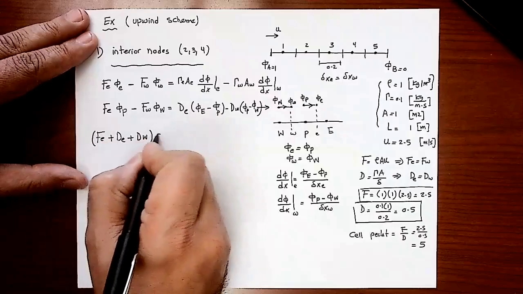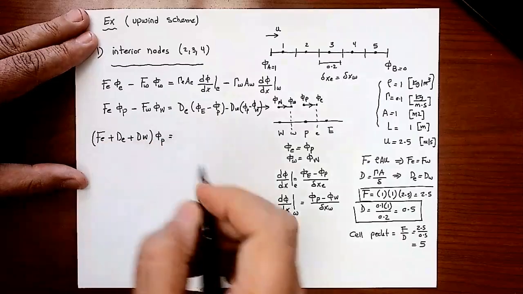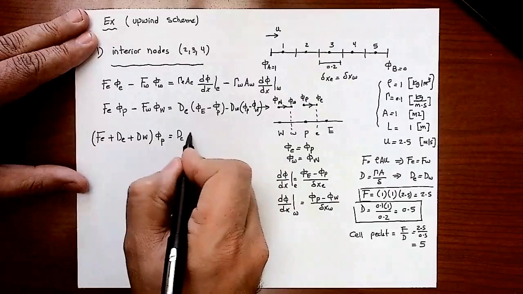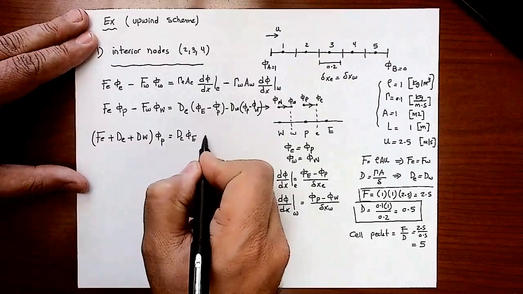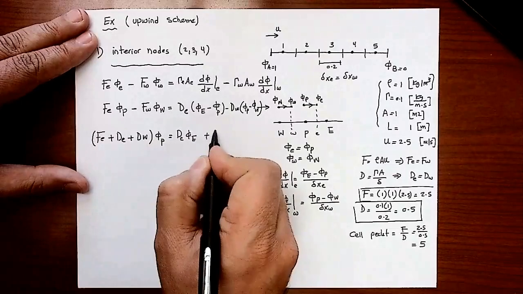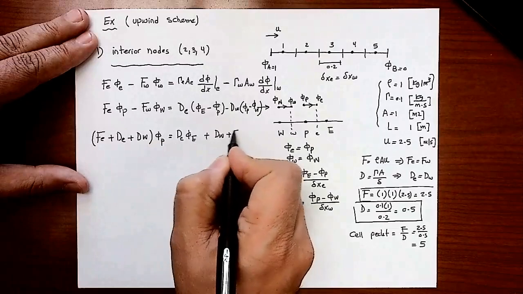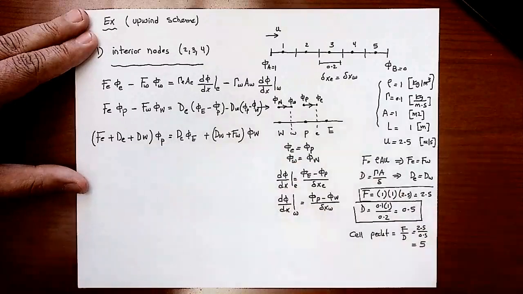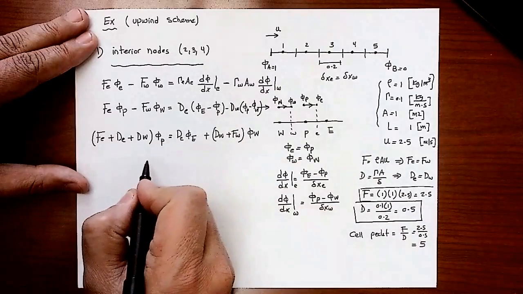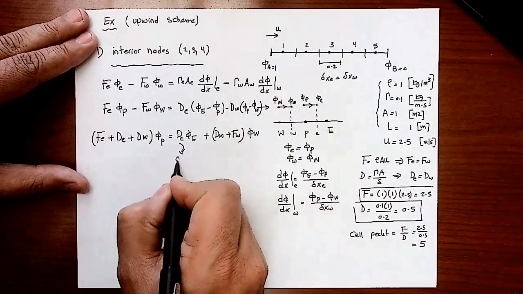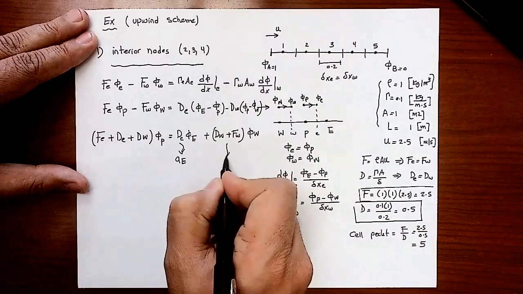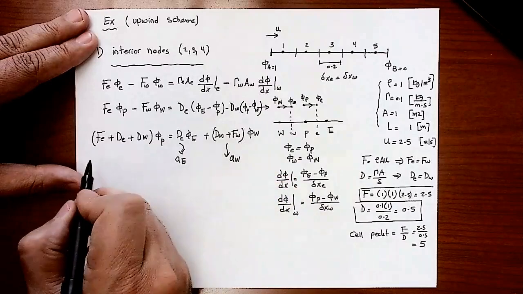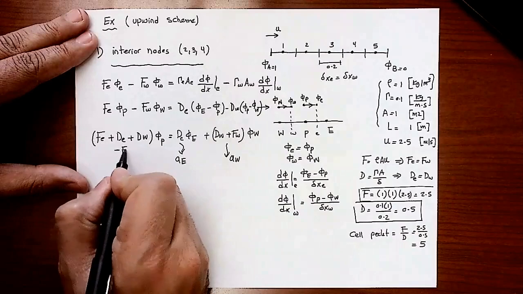This is totally in the phi p, and this should equal to, I will have d east phi east plus d west plus f west multiplied by phi west. So my a east, this is my a west, and here I will add and subtract f west.